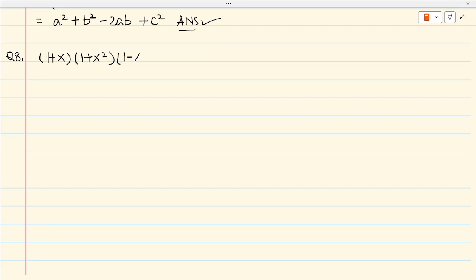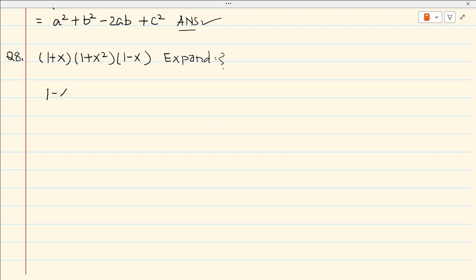(1 plus x)(1 minus x). Okay, it said expand this. So what we will do? Simply, if you see, it is very obvious. What is obvious? 1 plus x and 1 minus x.